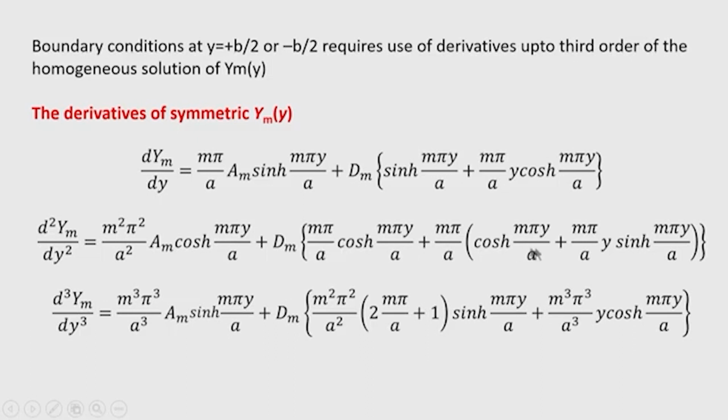Now, inside this you are getting many terms, so you differentiate term by term. After differentiating and arranging common terms, you will get sin hyperbolic m pi y by a with these coefficients, and y cos hyperbolic m pi y by a with these coefficients.